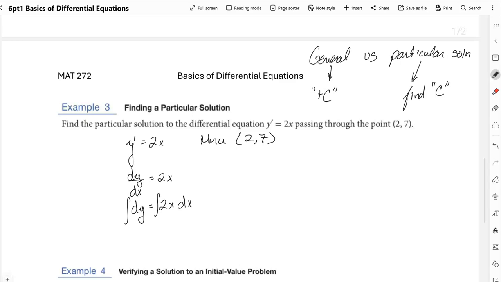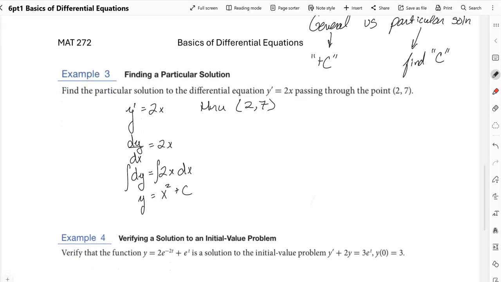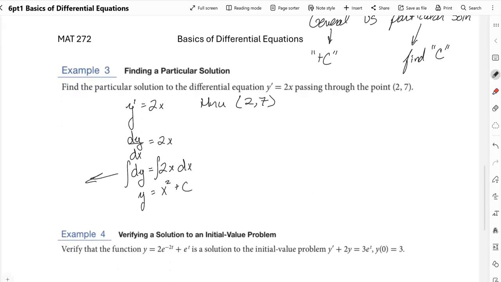When I integrate the left, I'm going to get y. When I integrate the right, I'm going to get x squared plus c. So, side note here, when we integrate y, it's really y plus c, right? I'll call that constant c1. And when I integrate that other side, 2x becomes 2x squared over 2, which is x squared plus a constant.